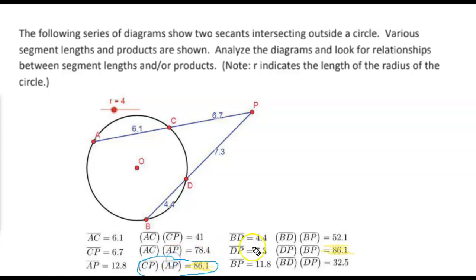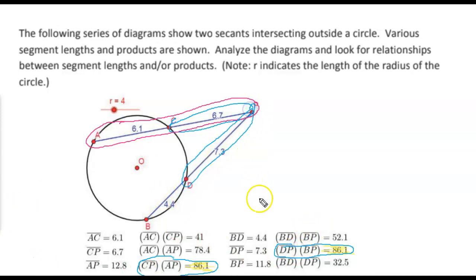Anytime we know things are congruent, that's powerful because we can set up congruency statements. Let's look at the pieces that we're dealing with. We're talking about CP in relationship to AP. And then we're looking at DP in relationship to BP.